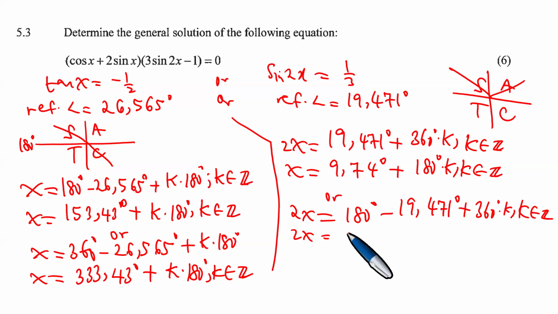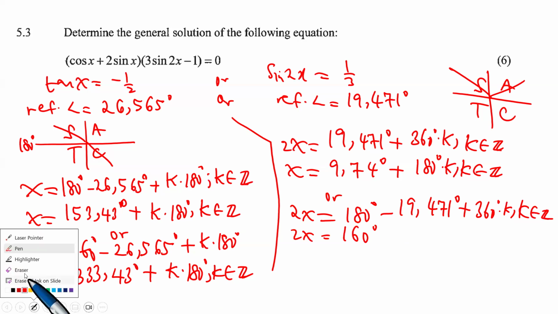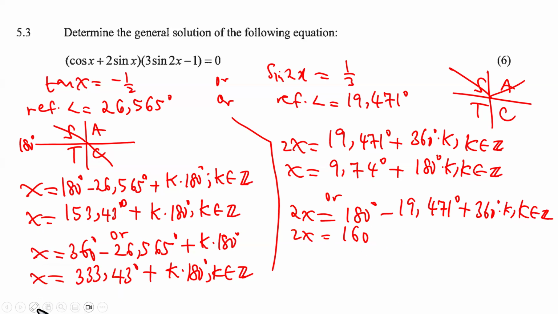If you say 180 degrees minus 19.471, we're getting 160.529.